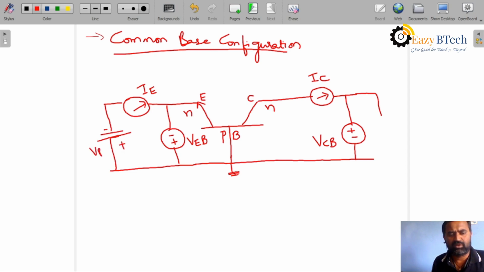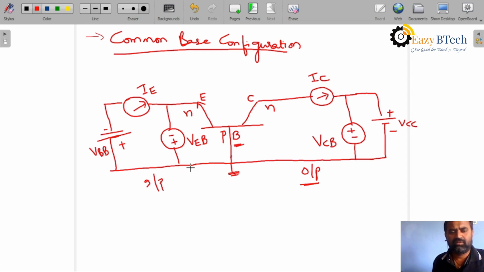This voltage we will call as VBB, and this voltage VCC. These are common base configurations. Now you can see here, this terminal we will call as an input and this will call as an output. Base is common between input and output terminal.